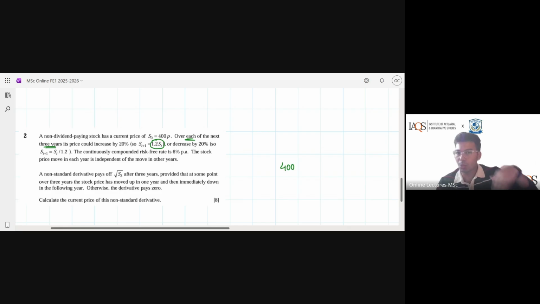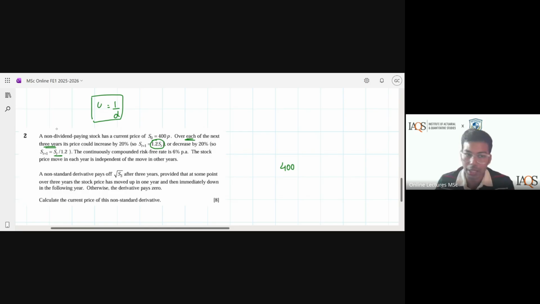What we were generally doing is we are taking 80%, so we are taking 0.8. In this question, they are saying don't take it as 0.8, take it as ST divided by 1.2. So ideally U is 1.2, D is actually 1 upon 1.2, as the assumption that we had taken in the normal model.